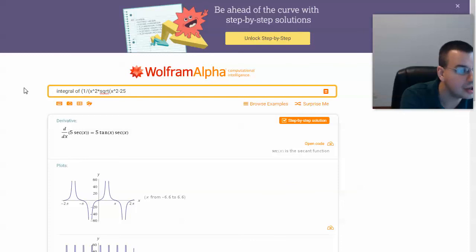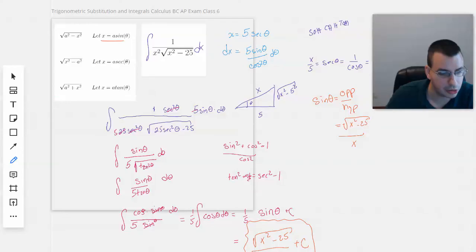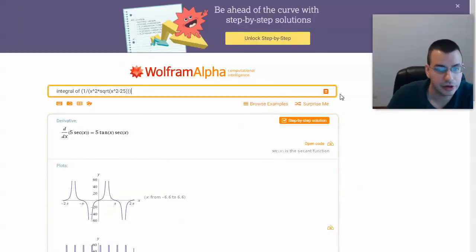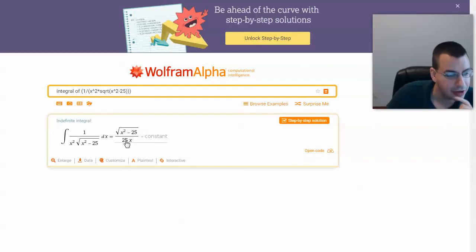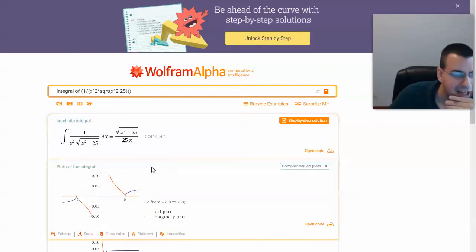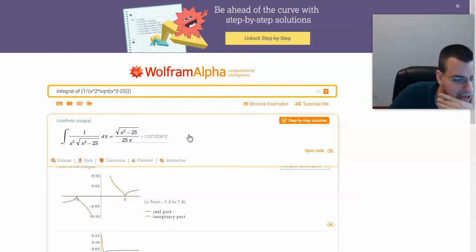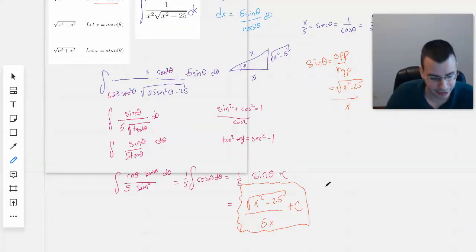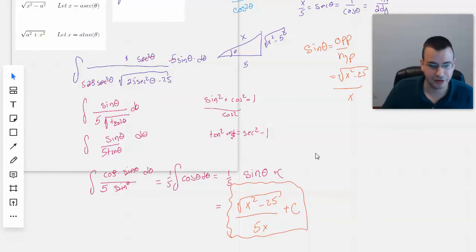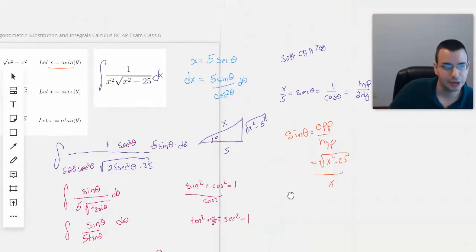And then 1, 2, 3 parentheses. All right, let's check this out real quick. x squared minus 25. Yep, that seems reasonable. Go Wolfram Alpha. I love Wolfram Alpha. Did I miss a 5 somewhere? Outrageous. I guess I shouldn't have verified. I should have just said with confidence. And maybe someone would have believed me.